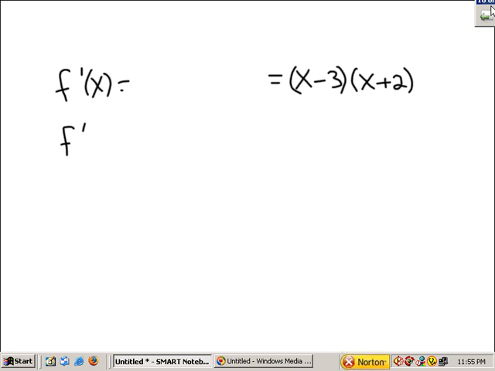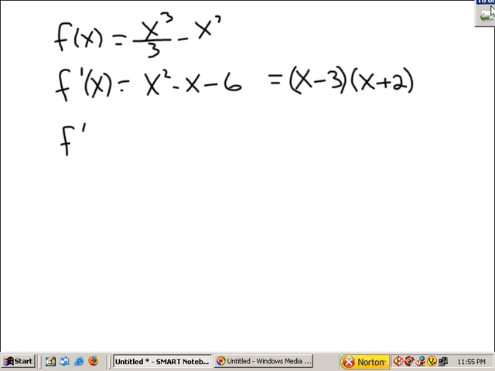That is, it's x squared minus x minus 6. That is, I tell you that f of x is x cubed over 3 minus x squared over 2 minus 6x plus 1. And we're going to talk about it on negative 1, 5.